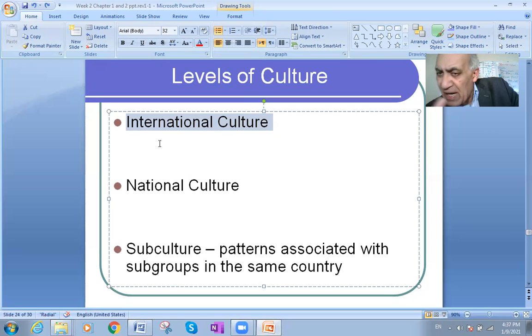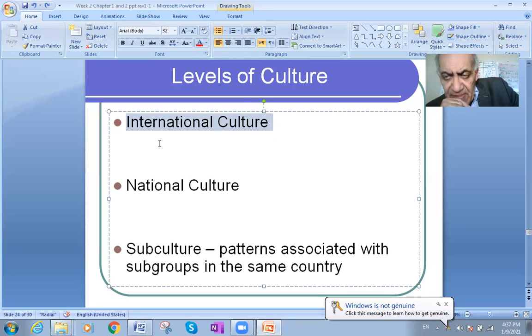No one in any place in the world will argue that killing a person is good, or lying is good, or stealing a person's money is good. So it's globally accepted norms.